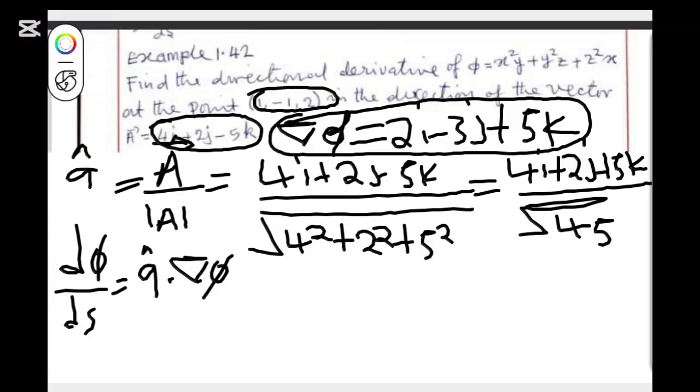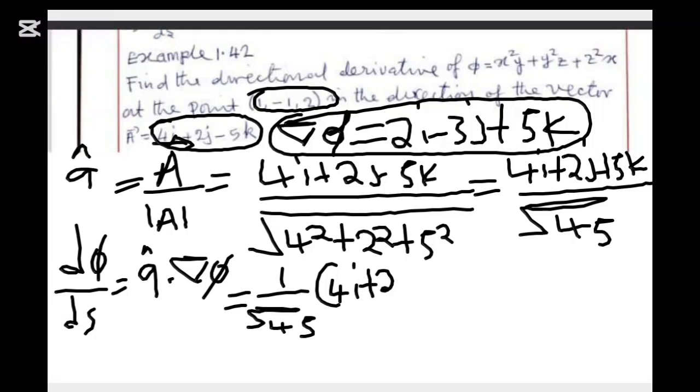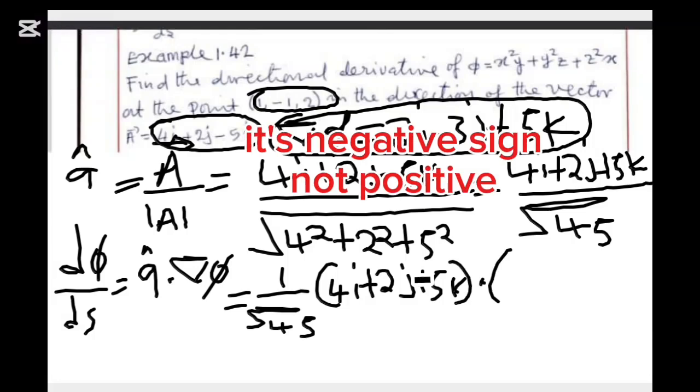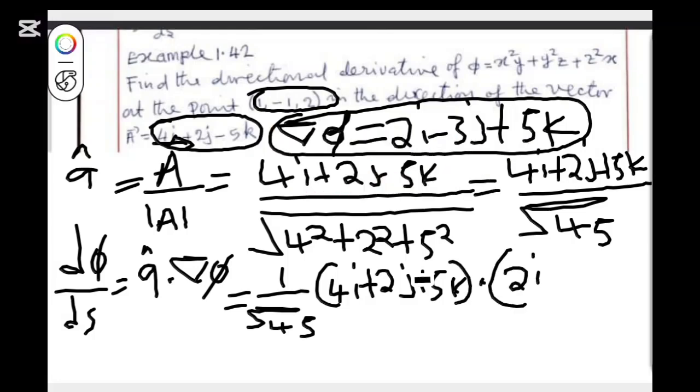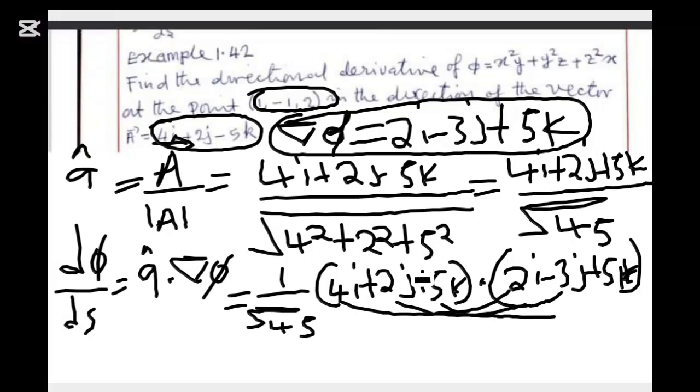So at the end I have to say this dot this, and don't forget it can be written as 1 over root of 45 multiplied by 4i plus 2j plus 5k dot this, which is 2i minus 3j plus 5k. As I said, this dot product is the same thing as this multiplied by this, and 5 also multiplied by this.